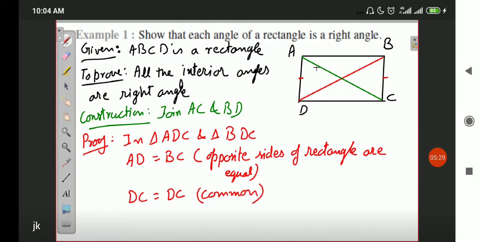And lastly, we know that diagonals of a rectangle are equal, so AC and BD are also equal.